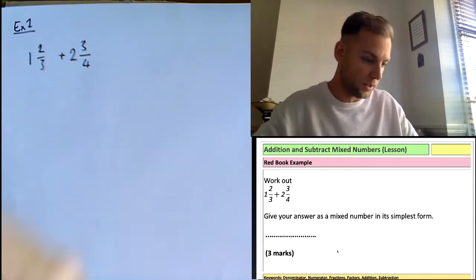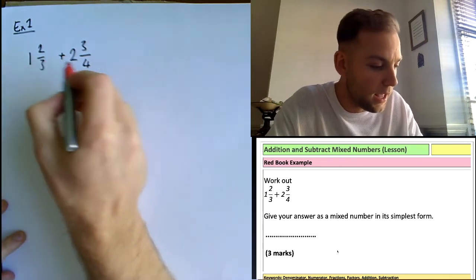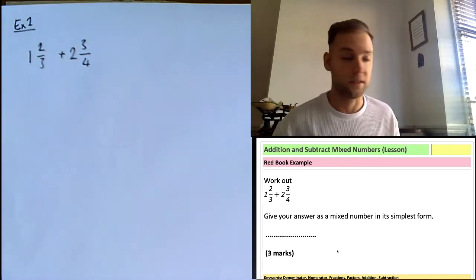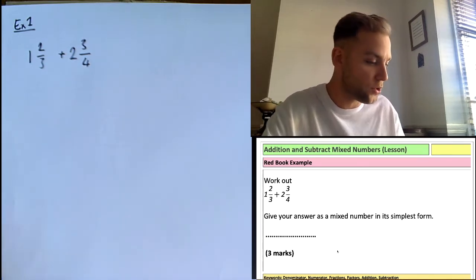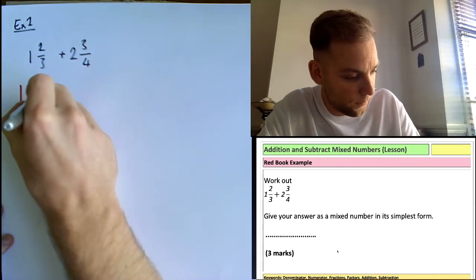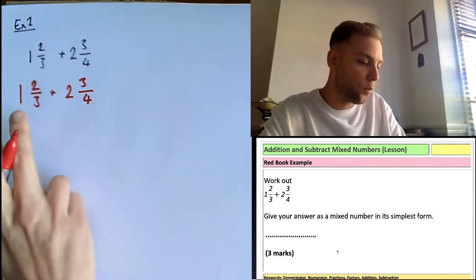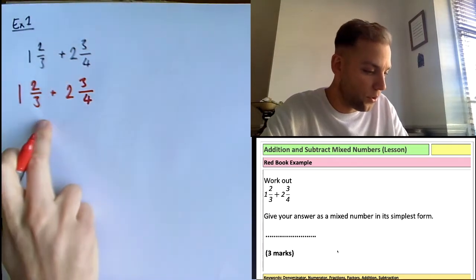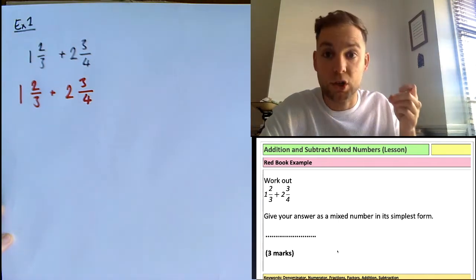So the first issue I've got is that I've got 3 and 4 as denominators. My denominators aren't the same, so I'm going to have to make the denominators the same. So we've got 1 and 2/3, plus 2 and 3/4.